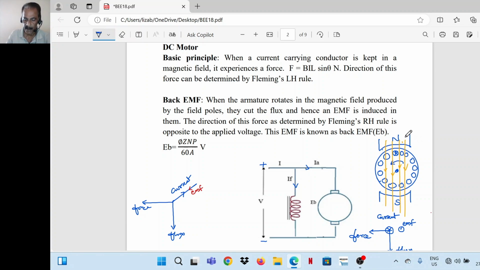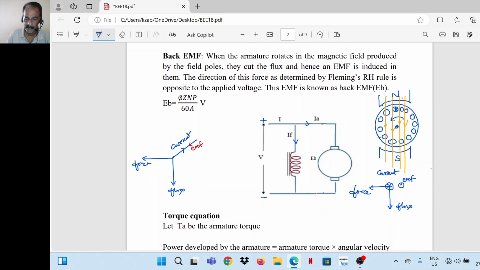See in this figure, this is the north pole, the south pole, this is the magnetic flux, and here current direction is marked in this particular conductor. It is inward. Inward means towards the plane of the paper. Now, accordingly, if we determine the direction of force using Fleming's left-hand rule, this is the direction of magnetic flux, current is inward, we will get a force in this direction.